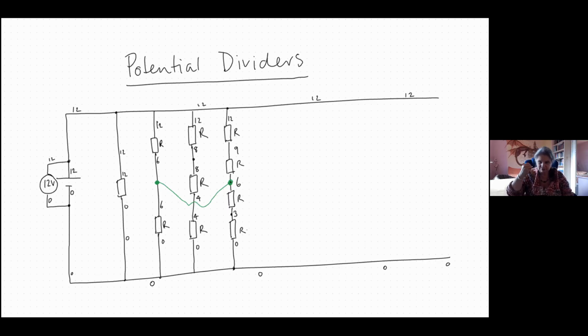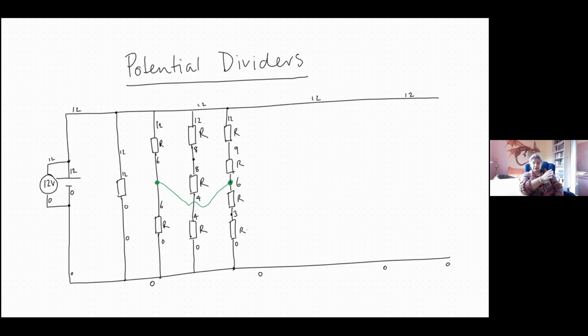Why not? Can anybody see what that green wire will do, or will it do anything? You're going to take the potential difference between the three branches, isn't it? Well, yeah, except that there isn't a potential difference, right? It's not connected to the middle one.